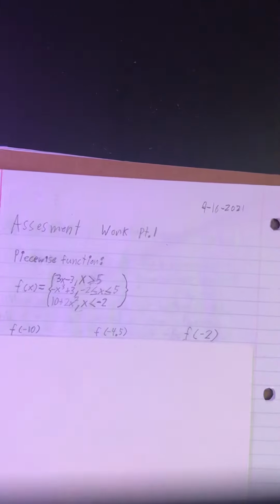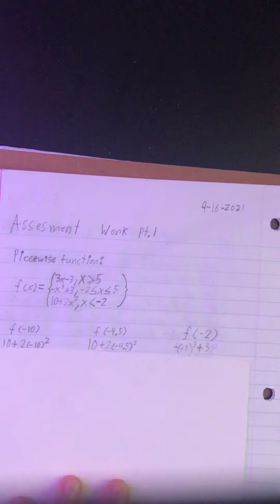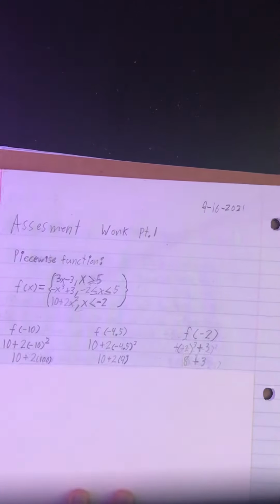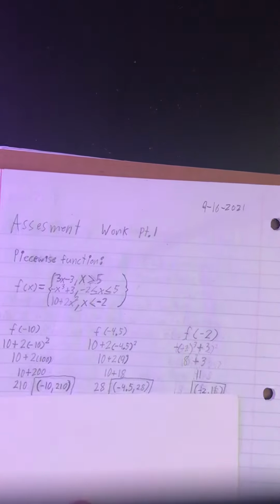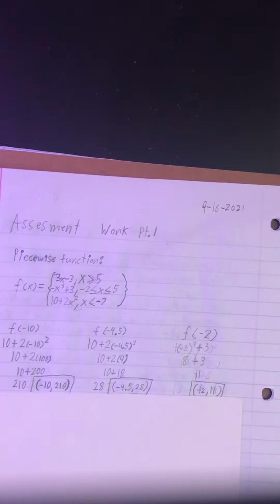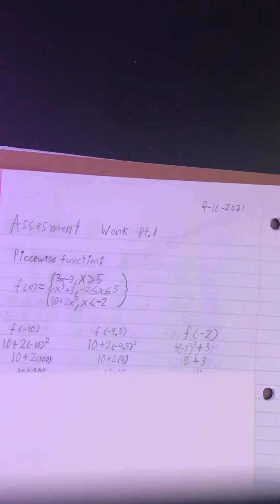Plugging in negative 4.5 as the x, we get 10 plus 2 times negative 4.5 to the second. Negative 4.5 to the second is 20.25, and then 2 times that equals 40.5, and 10 plus 40.5 equals 50.5. And again, we plug in both our x value, negative 4.5, and our y value into our ordered pair to get our final solution for that x value.